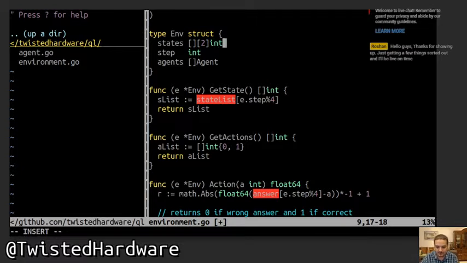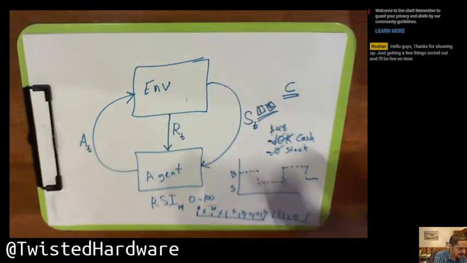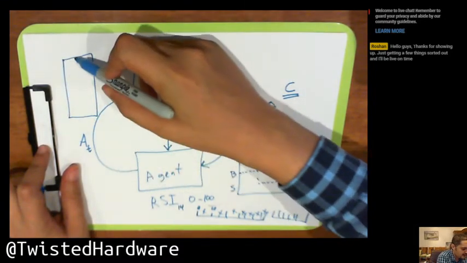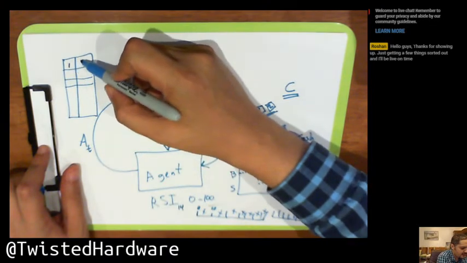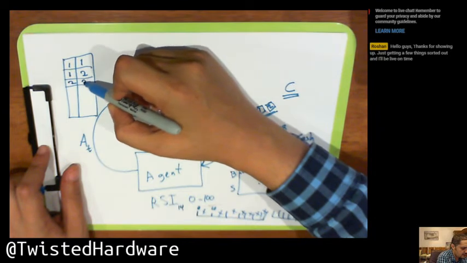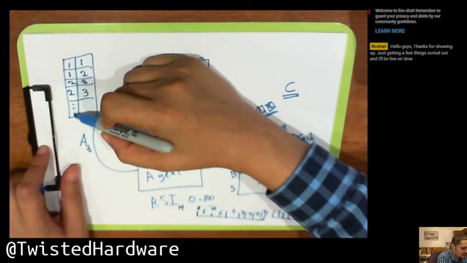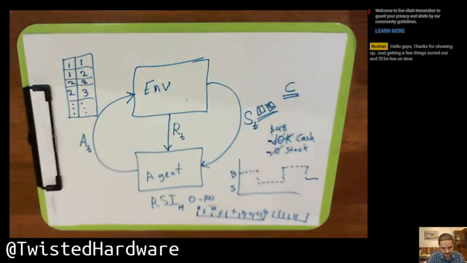So this would look something like, let me switch here. Our state list would look something like this. It's a two-dimensional array where I have literally just two numbers. So I will have 1 and 1, 1 and 2, 2 and 2, 2 and 3, and so this is my state list representing the RSI basically.